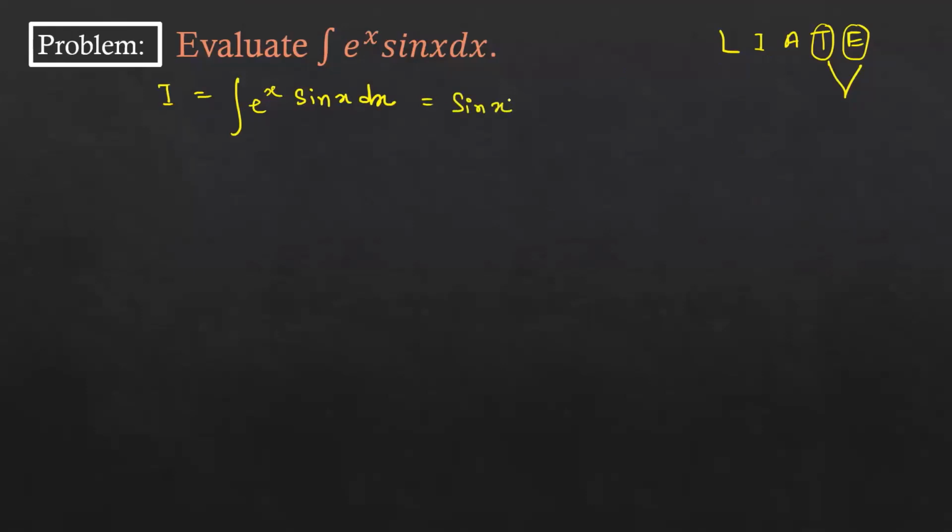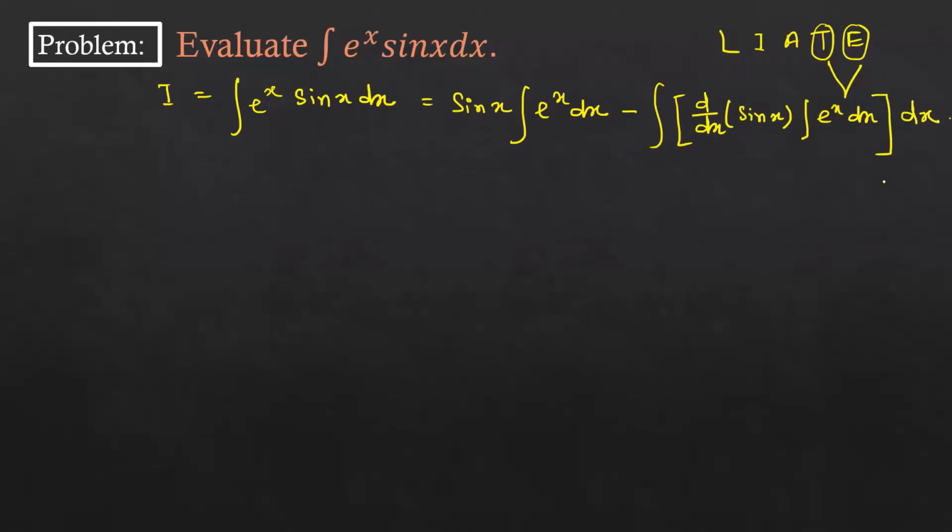So there is sine of x outside, integration over e to the power x dx, and then minus integration over d/dx of the outside term, which is sine of x, and integration over the inside term again dx, and after performing that, you have to calculate the integration again.